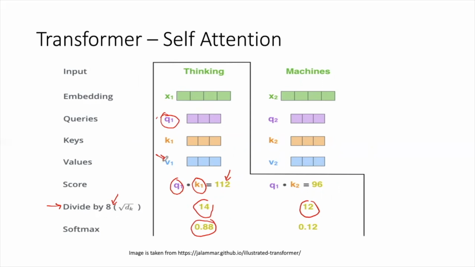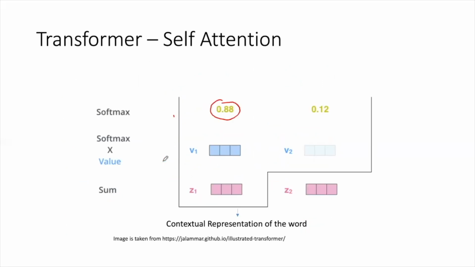We do a scalar product of this value vector with the score. So 0.88 is multiplied with this. Similarly, 0.12 is multiplied with the second value vector. And once we multiply all of them, we add them up.